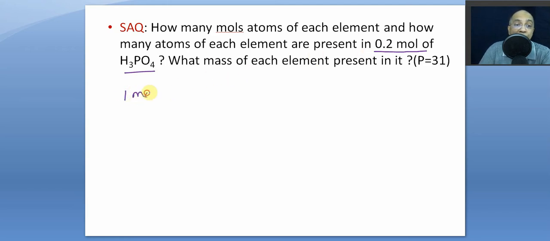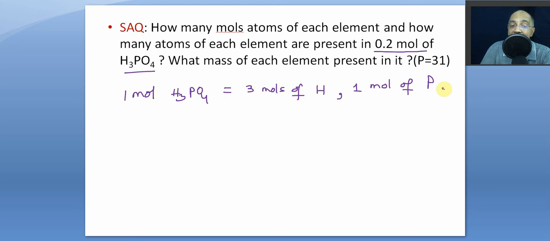So 1 mole of H3PO4, you tell me, contains how many moles of hydrogen, how many moles of phosphorus, how many moles of oxygen? If 1 molecule contains 3 atoms, 1 atom, 4 atoms, then 1 mole will contain 3 moles of hydrogen atoms, 1 mole of phosphorus atoms, and 4 moles of oxygen atoms.